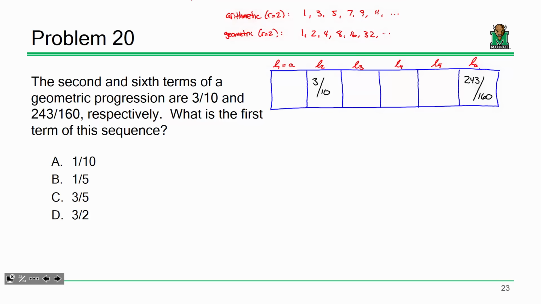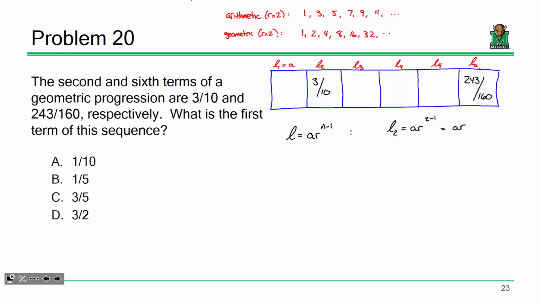So far, so good? So, for instance, to calculate any term, L, it is A times R to the n minus 1. So, for example, L2 would be A times R to the 2 minus 1, which is AR.